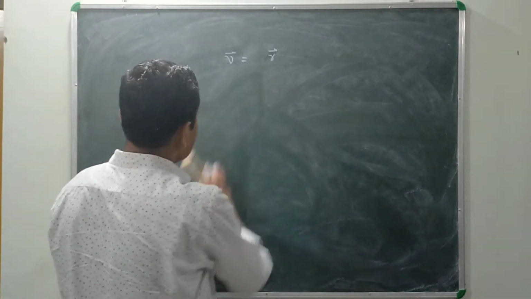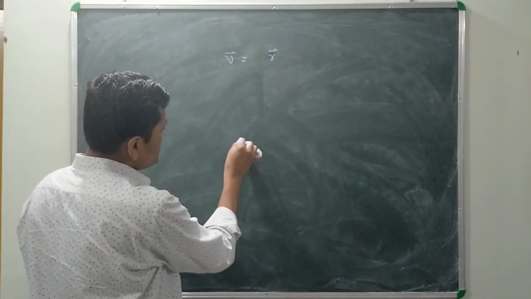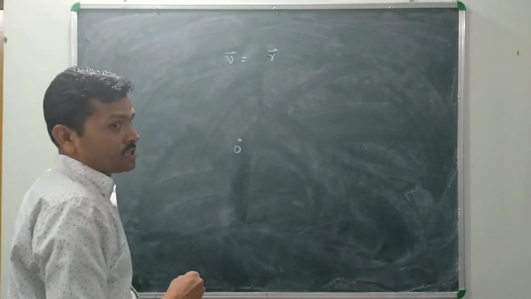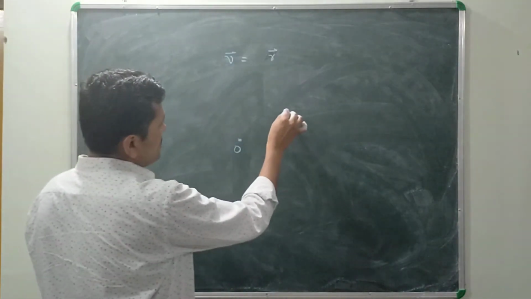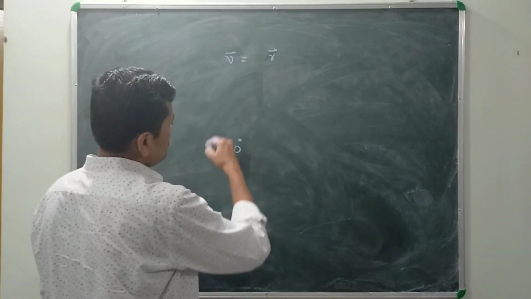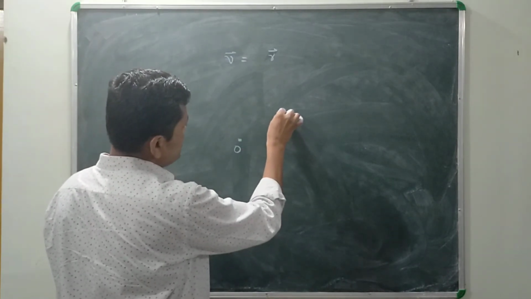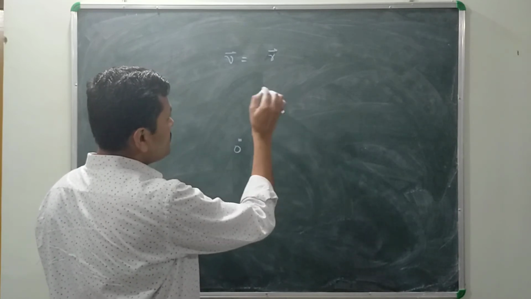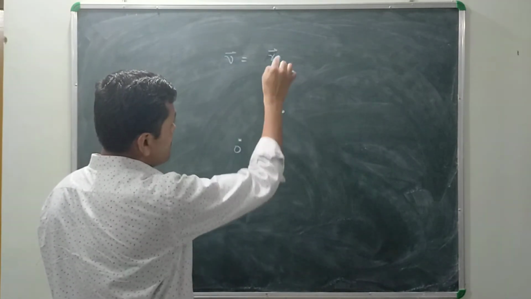Suppose this is the point O, the origin, and consider any other point surrounding it. So what will be the field here? It is vector r.